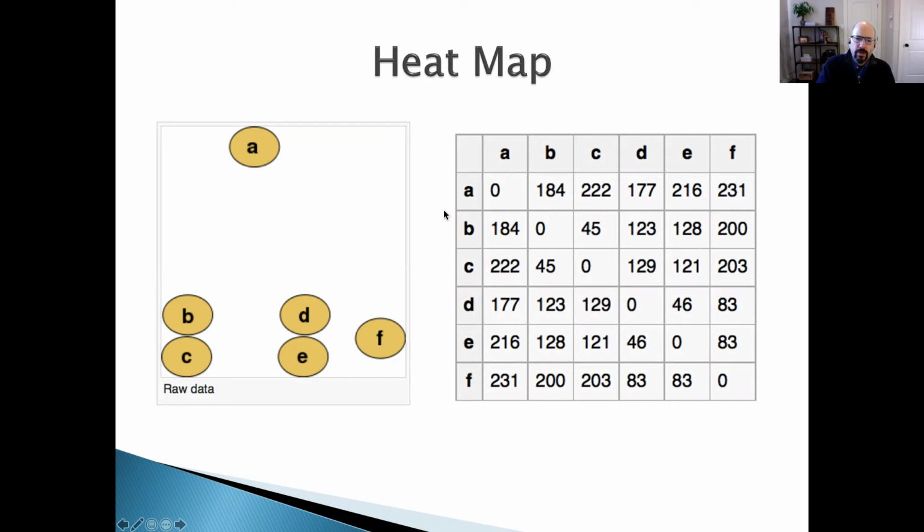And what I'm going to do here is to assign different scales of colors to the different distances. Let's say the shortest distance, I'm going to call it white. And the longest, the furthest distance, I'm going to call it black, okay? And anything that is in between, I'm going to assign grays or shades of gray.